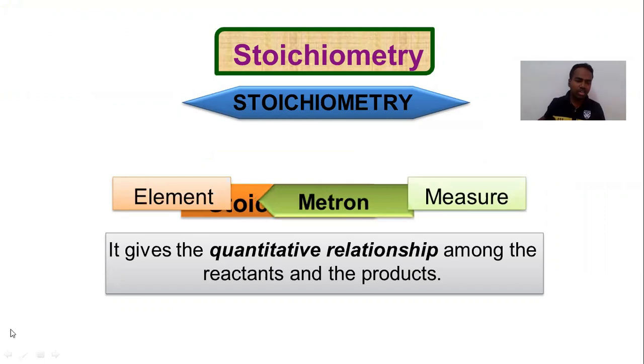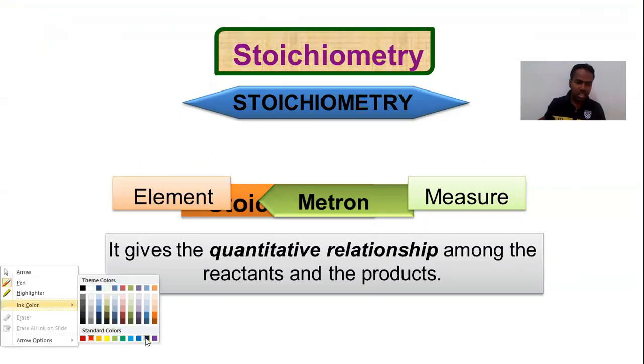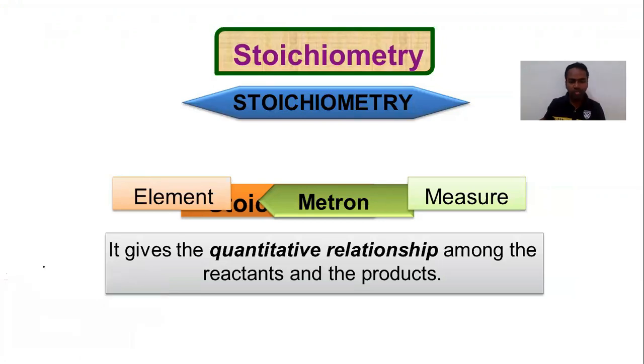Measure. So basically stoichiometry means a measurement of elemental. So what is this measurement of element? In today's session I am going to give you the full details so you get more clarity. No need to get confused here. Very simple, very easy also.